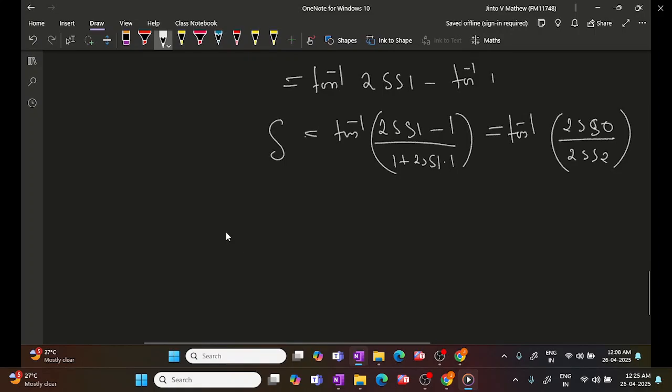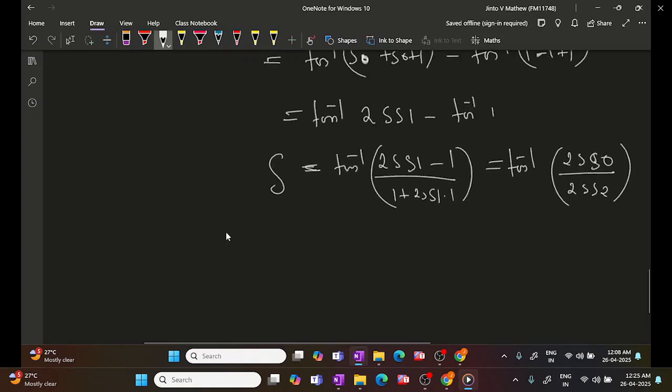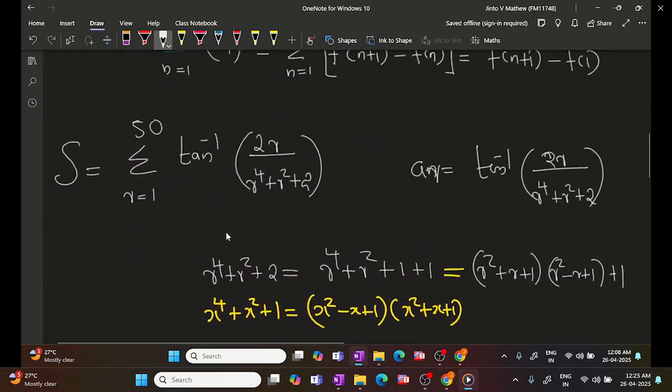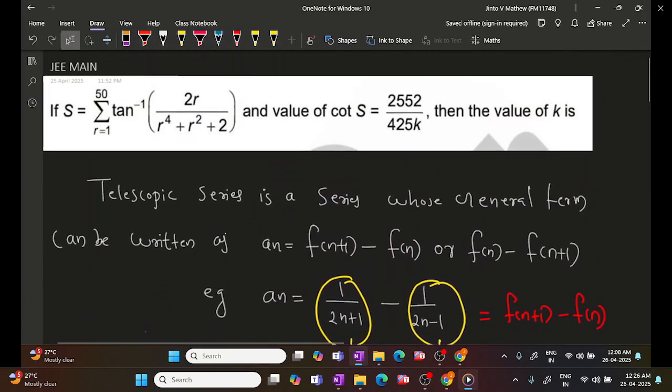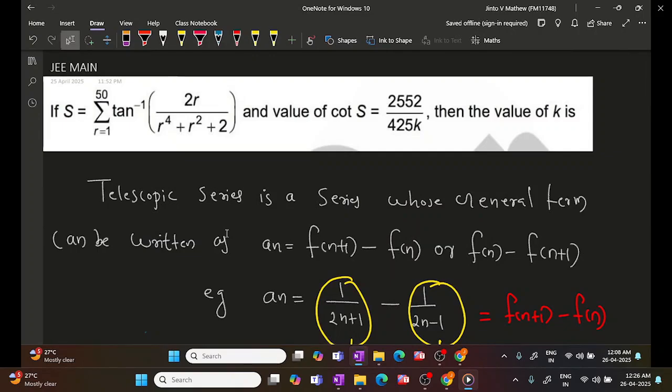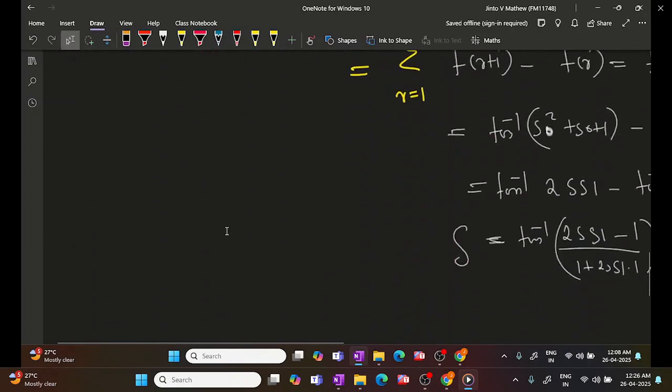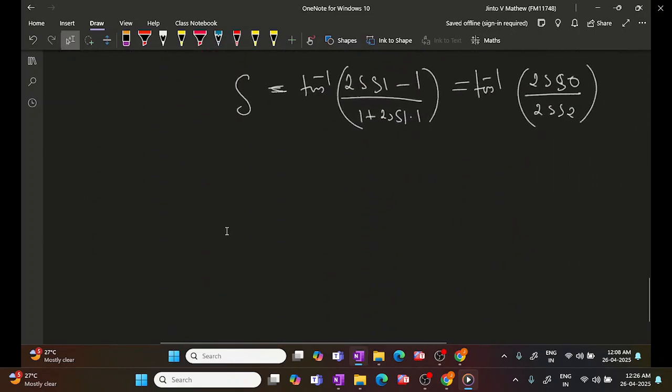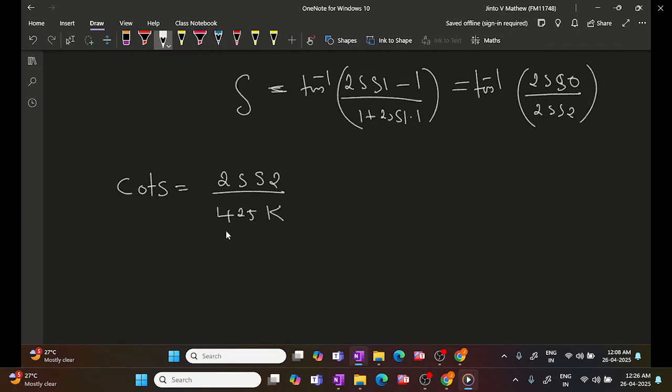Now the question: it is given that cot S is 2552 divided by 425k. Then what is the value of k? So it is given that cot S is equal to 2552 divided by 425k.